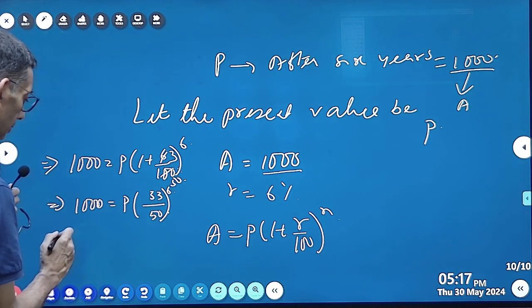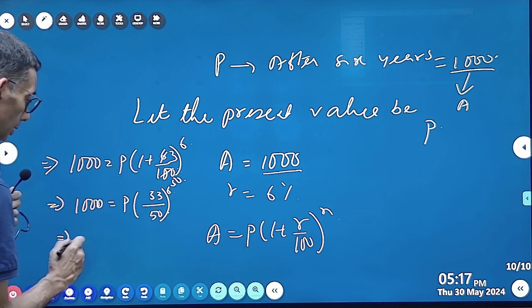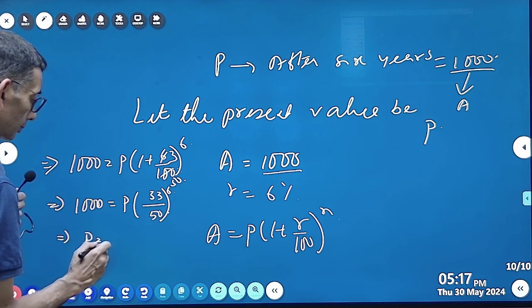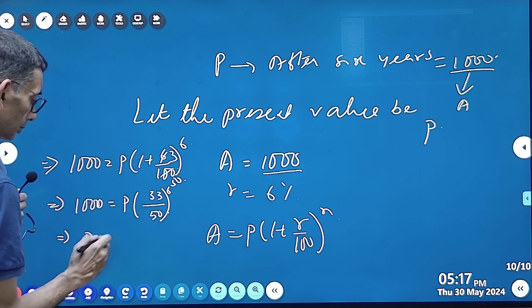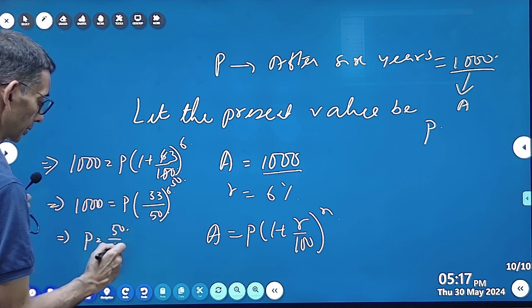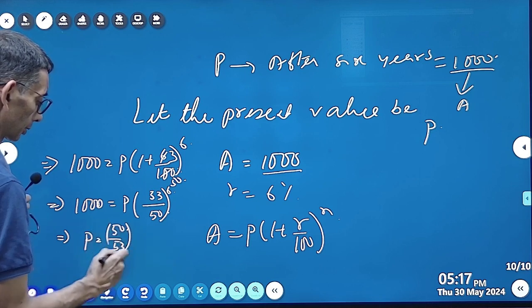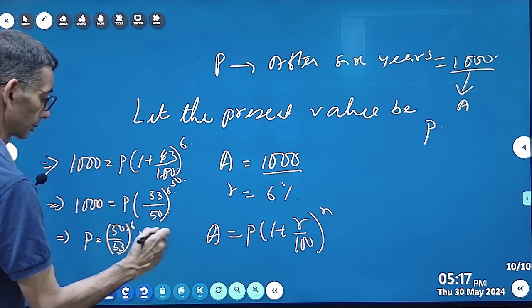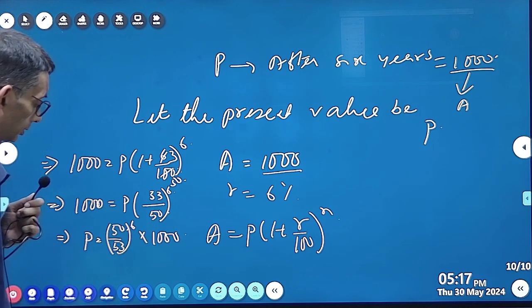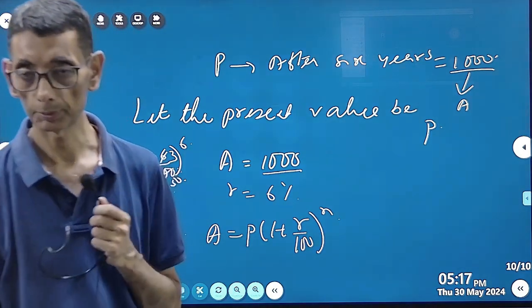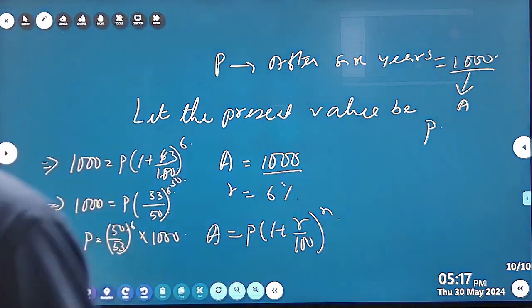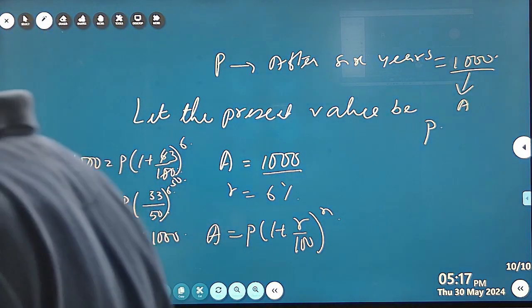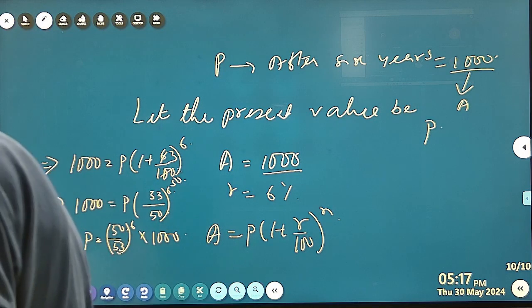So that gives you P is equal to (50 by 53) whole to the power 6 into 1000. You need to calculate 50 by 53 whole to the power 6.